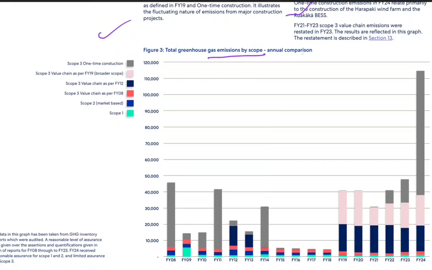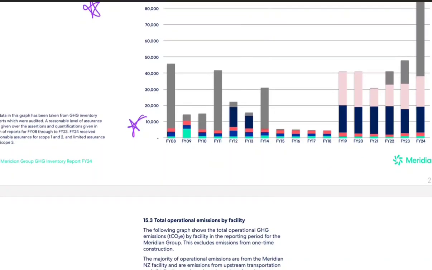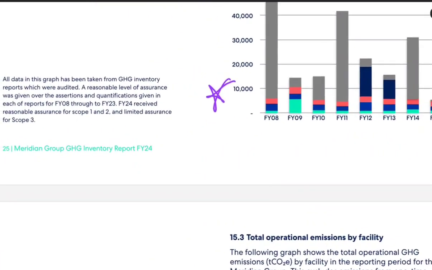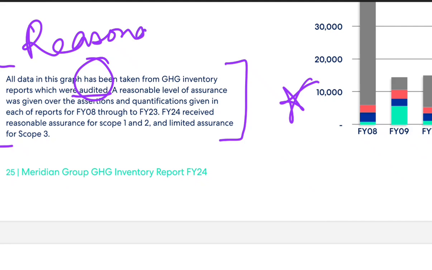Greenhouse gas emission scope by annual comparison also you can see from the very interestingly designed and prepared report. So this is where also very key information disclosed to the stakeholders, like all data in the graph has been taken from GHG inventory reports which already were audited, and reasonable level of assurance, okay, was given over the assertions and quantification given.